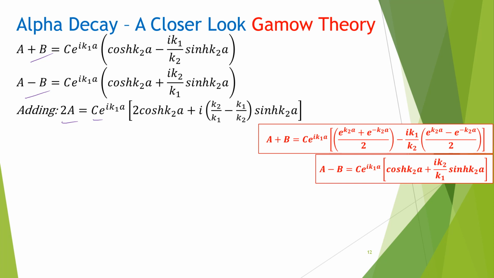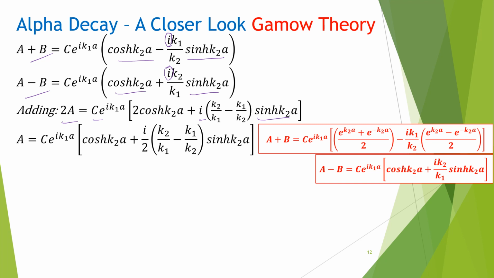Inside the bracket we have 2 times this term, and I is a common quantity here in both the cases, and sinh of k2a is common, and inside the bracket we are left with k2 upon k1 minus k1 upon k2.